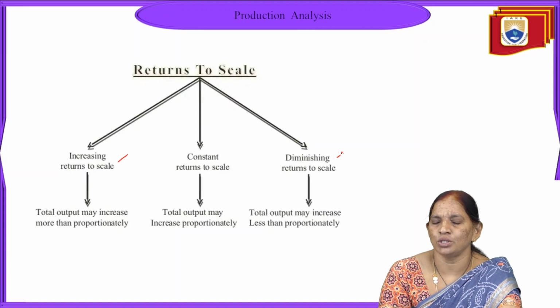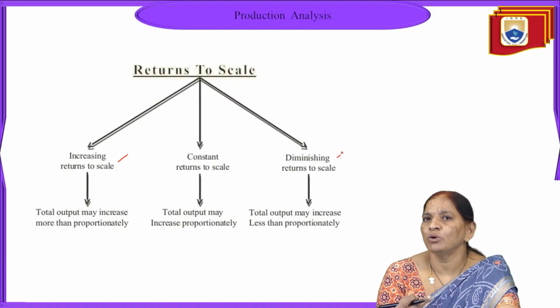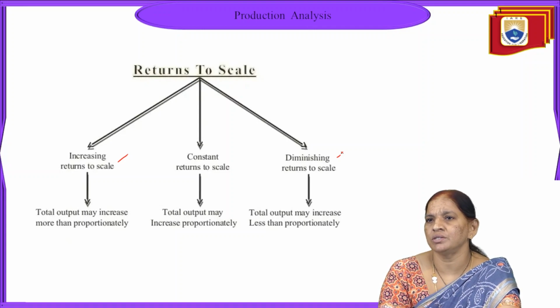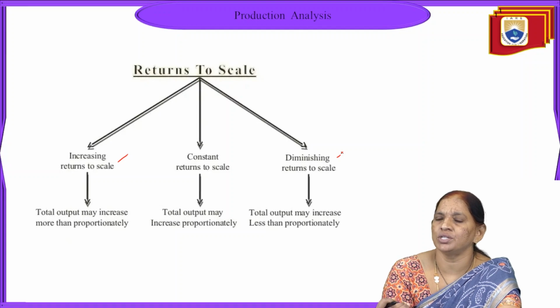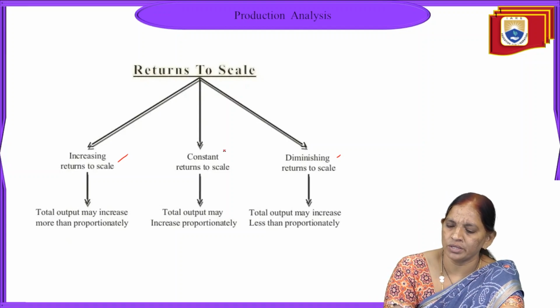These are the three stages that occur when all factors of production are changed: increasing, constant and diminishing.